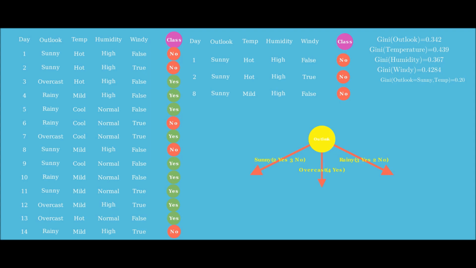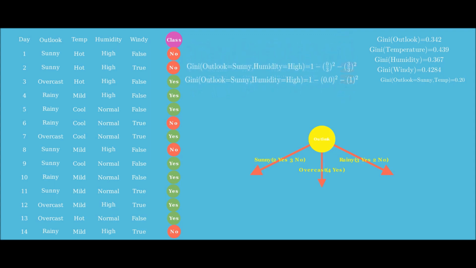That means for sunny, feature outlook, and humidity high, all would be no's.